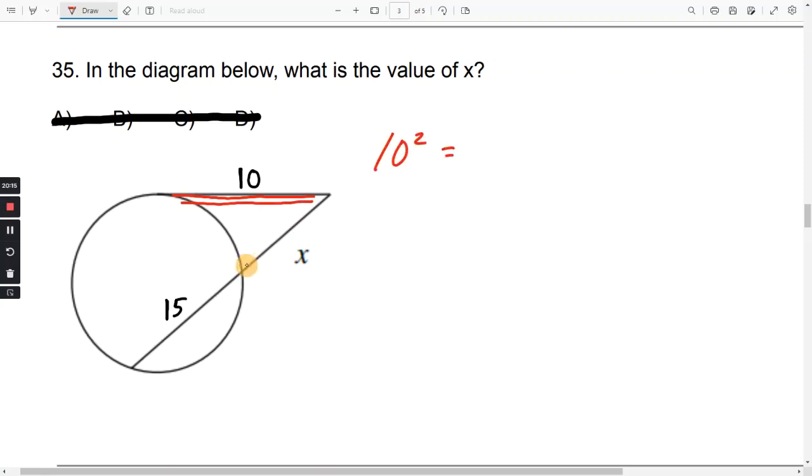And that's going to equal the exterior secant, which is x, times the whole thing, this entire segment. So this entire segment right here is going to be x plus 15. Alright, I basically added the 15 and the x. So it's x times the entire segment, x plus 15.